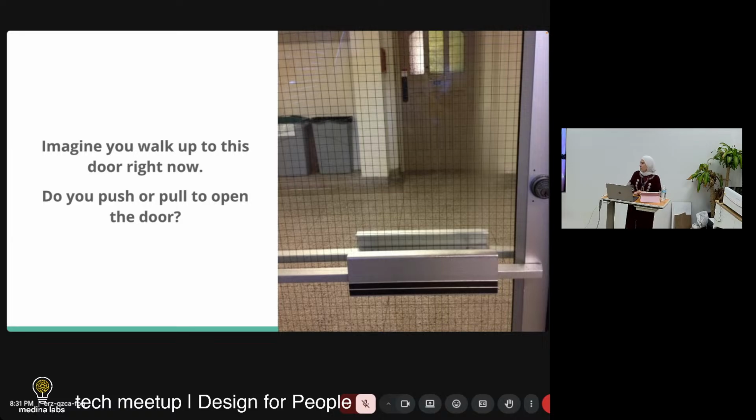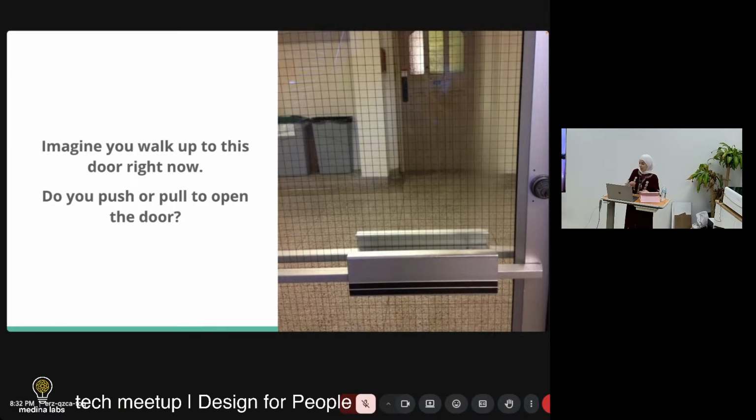When you look at this door, you see this flat panel, which gives you an indication that it's a push, but at the same time, it has this handle, which could give you confusion about whether it's a pull or push. So let's see the reality.